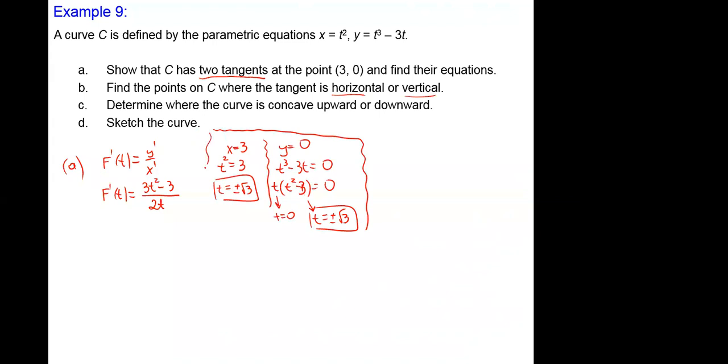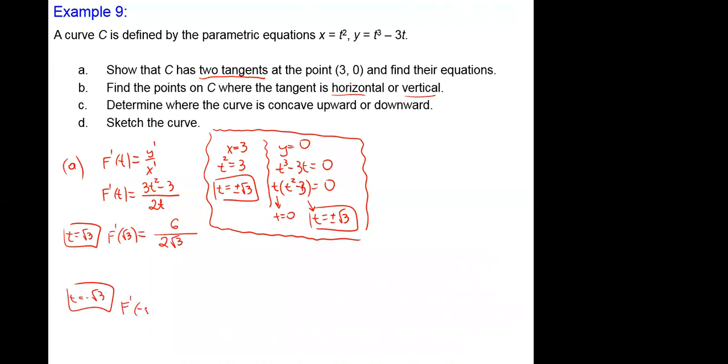Okay, and now what happened? Which values of t are the same? The square root of 3 and negative square root of 3. That's the reason that we will have 2 tangents. And we can compute possibly the slope. If you substitute positive root 3, 3 times 3, 9, this will be 6 square root of 3.